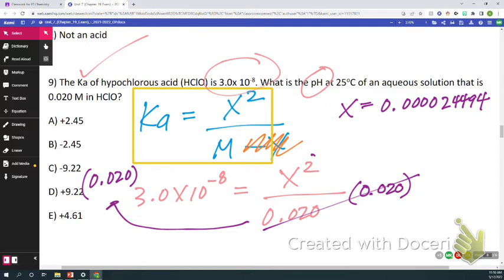Now, what you have to figure out is what x is. X ends up being your H plus, okay? X is H plus. So what do you have to do with the H plus? They want pH. So can you get pH from H plus?